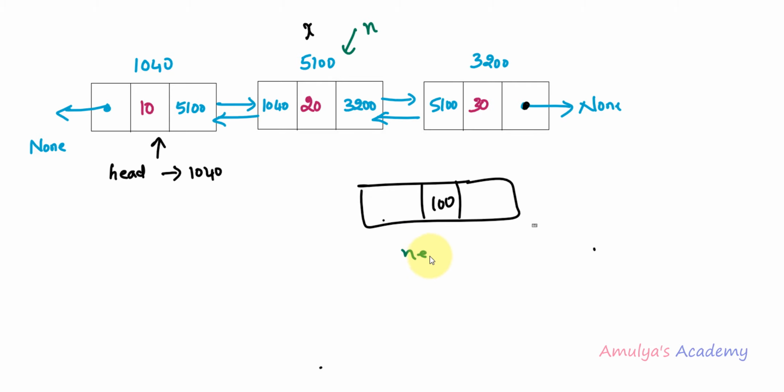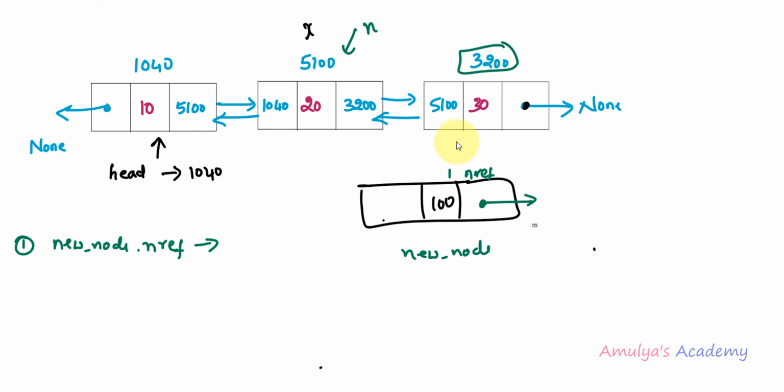After creating the new node, I need to change its previous reference and next reference, right? For that, first I need to change this new node's NREF. I need to store 3200 here, so it needs to point here. Where is 3200 stored? Here. What is this? This is n.nreference.